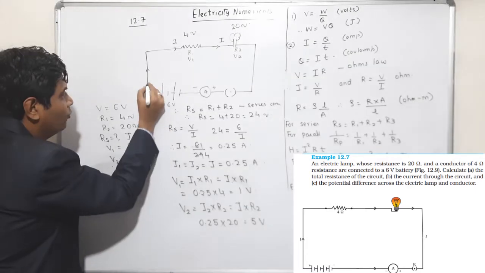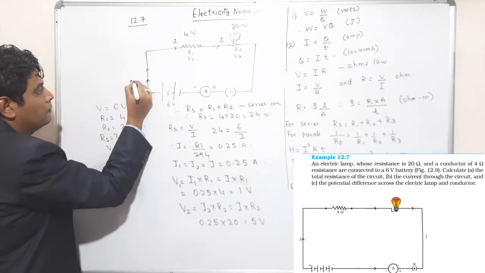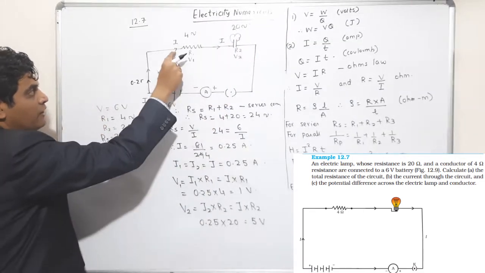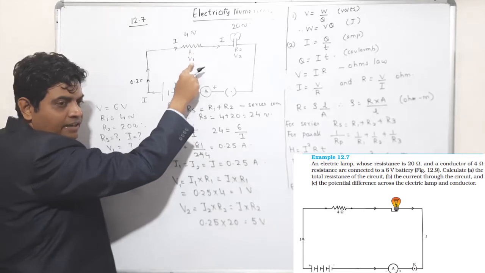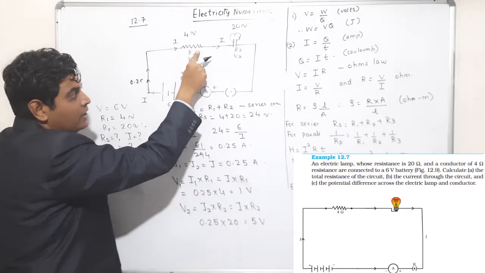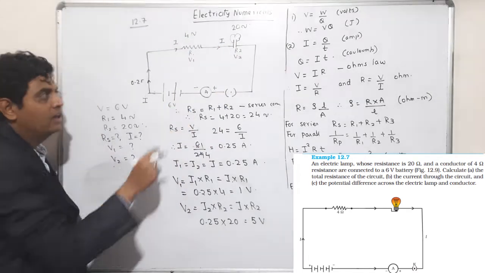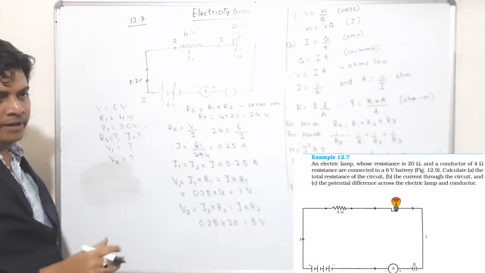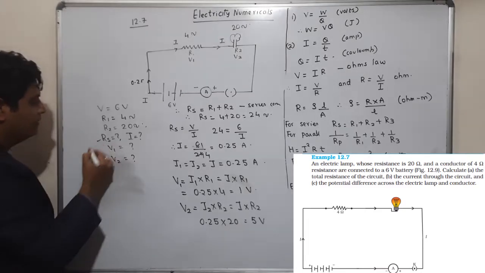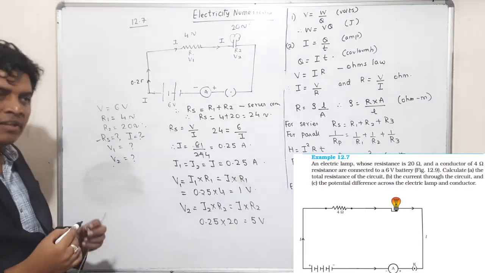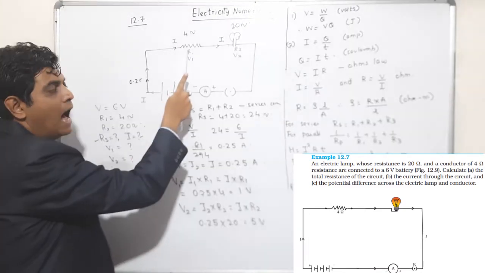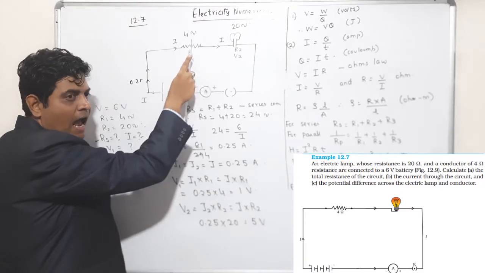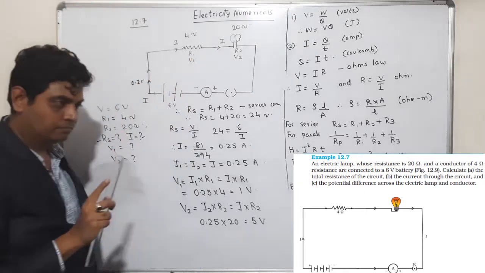So now 0.25 ampere comes out of this battery and it enters here, and the same current enters here. So if I name R1 as this resistance, V1 the voltage and I1 the current over here, and I2 the current over here, then I1 is equal to I2, which is equal to I. Now I have calculated RS and I have calculated I. Now they are asking me the voltage across R1, that is the voltage drop. So V1. If I want V1, I will have to use I1 and R1.